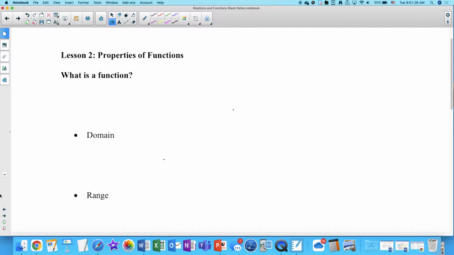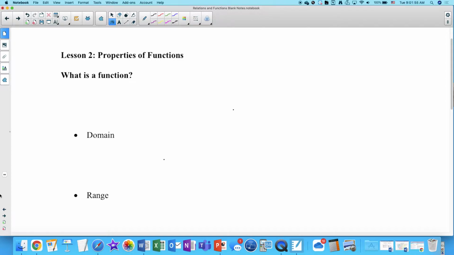Now, last class, we looked at different representations of relations, and we talked about two different variables that could be x and y. It could be distance and time. It could be lots of different things. And we spoke about the fact that when you're using these different representations, each variable goes to a specific place. I talked a little bit about dependent and independent variables.